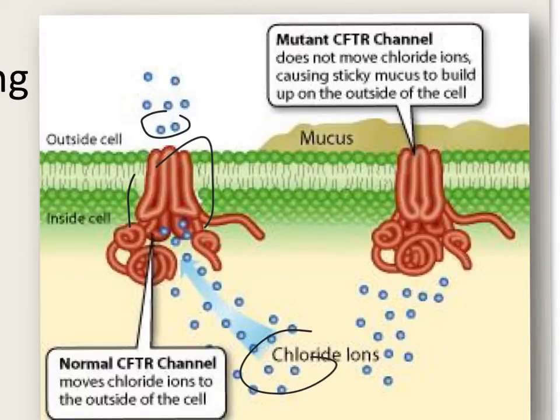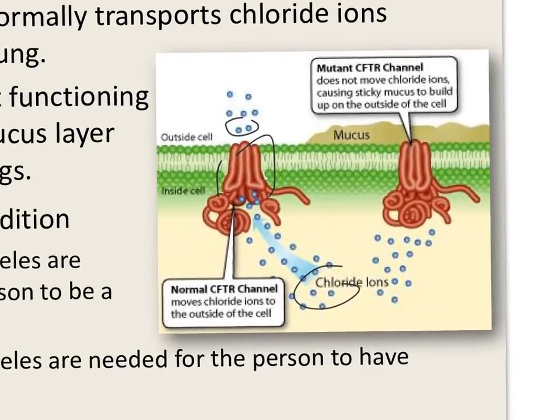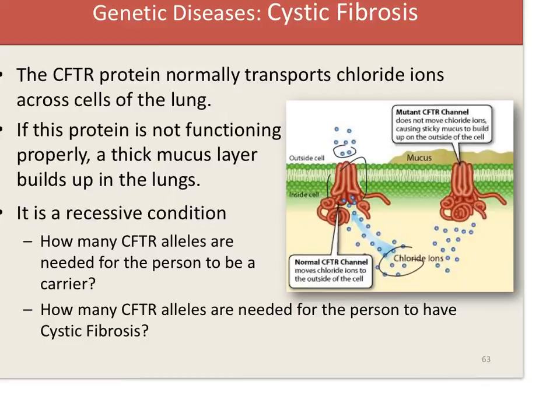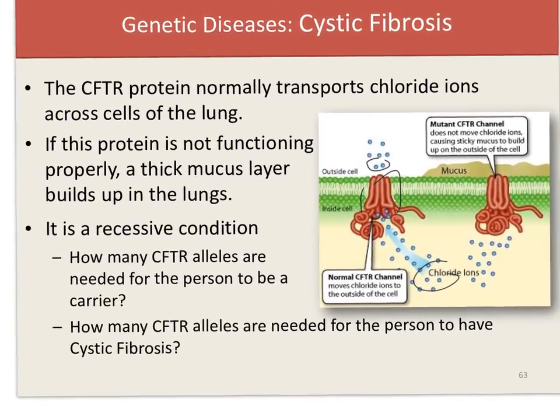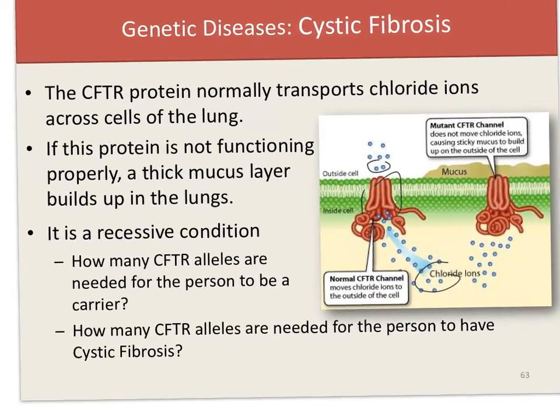You need 2 copies of the funky allele. Now, it's been hypothesized that this genetic disease is actually much like sickle cell anemia, which protects against malaria.